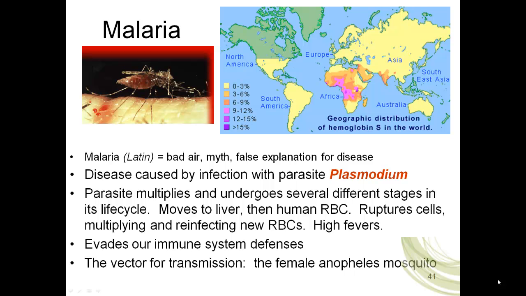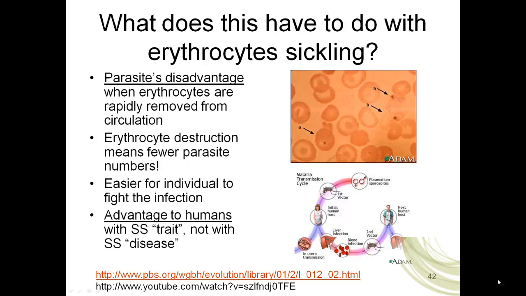unless you have sickle cell trait. And then in this case, having sickle cell trait can actually give you an advantage to fighting off this infection and not succumbing to it. Now, what do I mean by that? Well, when the parasite hides in our erythrocytes, or in a person specifically who has sickle cell trait, well, the parasite starts using some of the oxygen in that red blood cell.